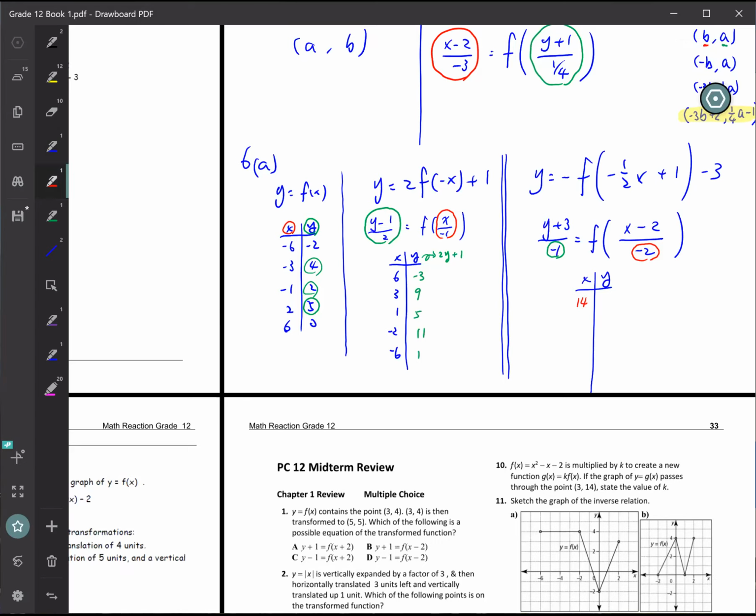Can you tell us how you got 14? You multiply by 2 and then plus 2. Close, not multiplied by 2. Multiply by -2. -2, yes. You use the original. Original is the one I put a star there, right? So -6 times -2, that makes it 12. 12 and add a 2, right? If you don't want to forget, you can write this down. -2 times the original x, and you add the 2.